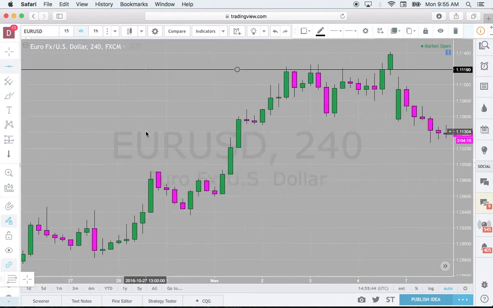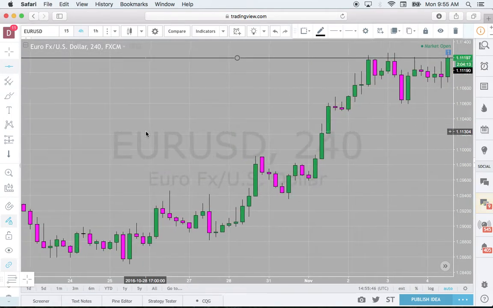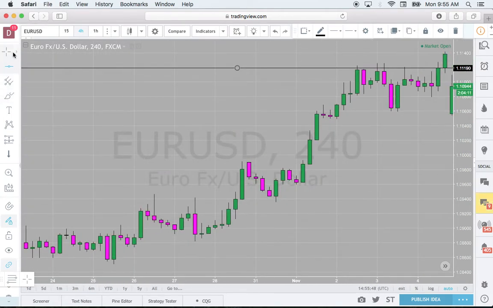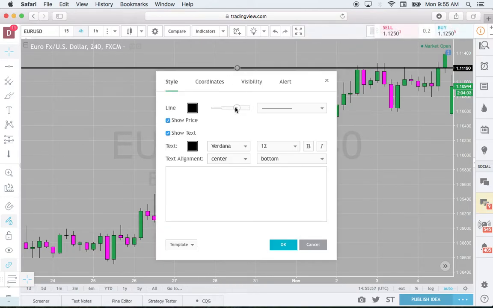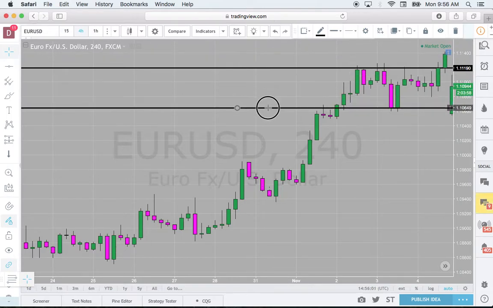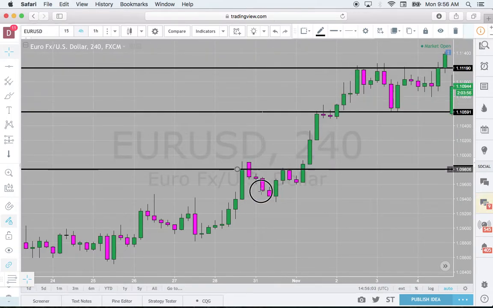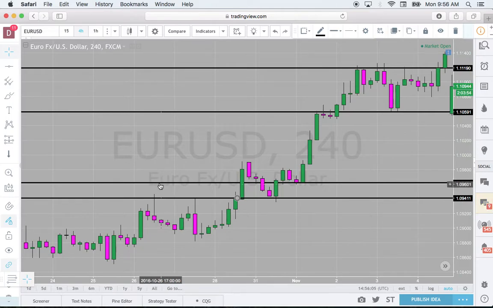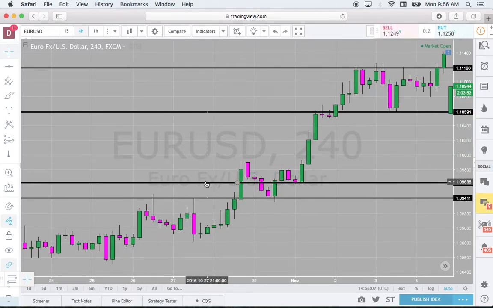Here is a perfect example. We can see price came up, and let's say you are just using support and resistance here. Let's say this is your resistance line. You have a few of those. Got one right there, you got it here, and all up in there, right?